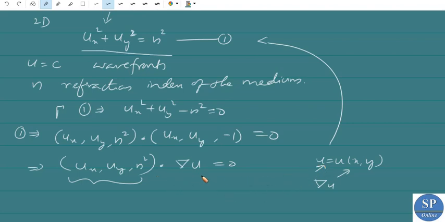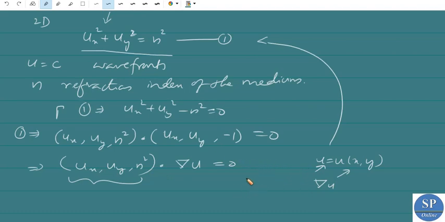Clear? The reason is that del u is normal to the solution surface, so this vector is orthogonal to del u, and therefore it is tangential to the solution surface.